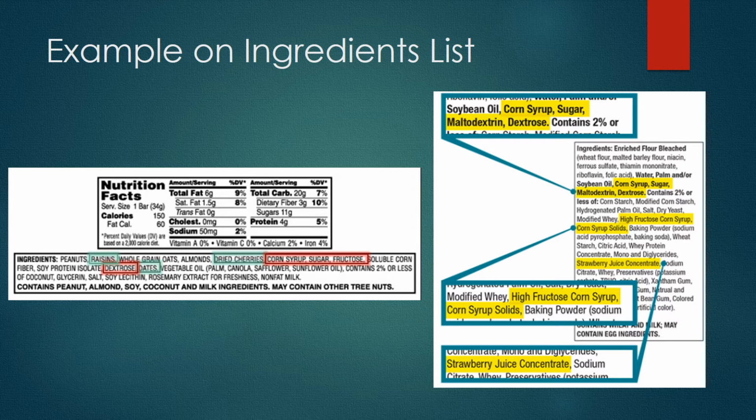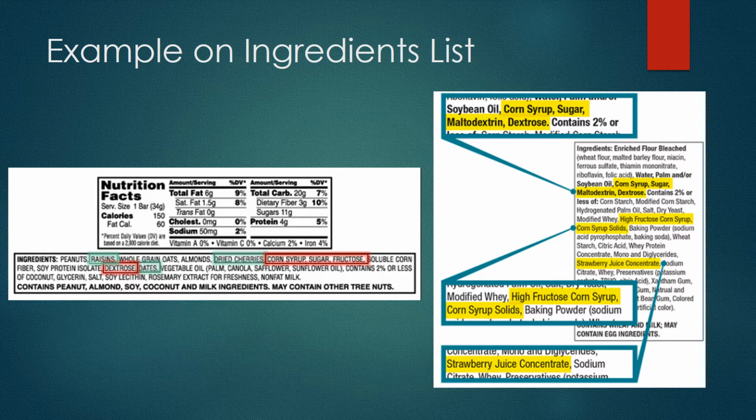The naturally occurring sugars, highlighted in green, include raisins, dried cherries, and dates. Sources of added sugars, shown in red, include corn syrup, sugar, fructose, and dextrose.